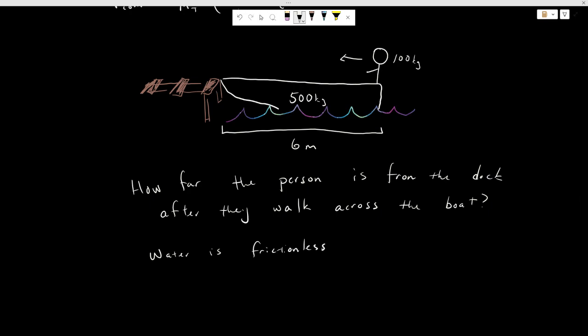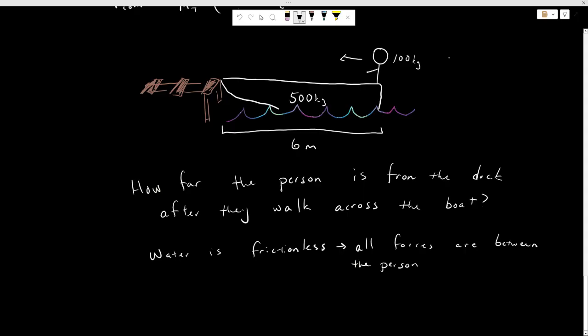Water isn't actually frictionless, but in this case, we're going to treat it that way because we have to. So the water is frictionless. What that means is that all forces are between the person and the boat.